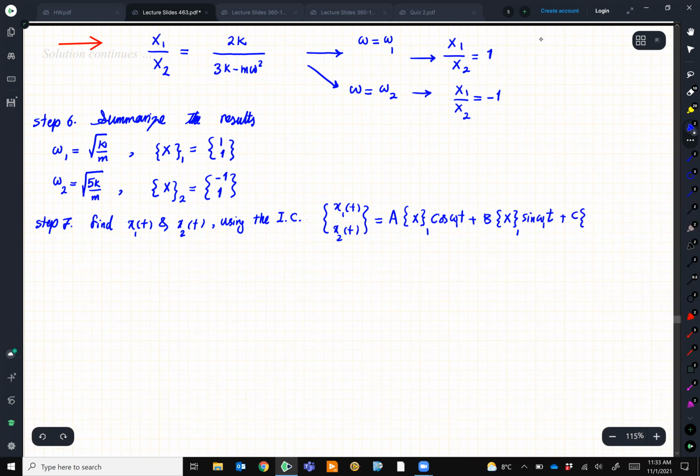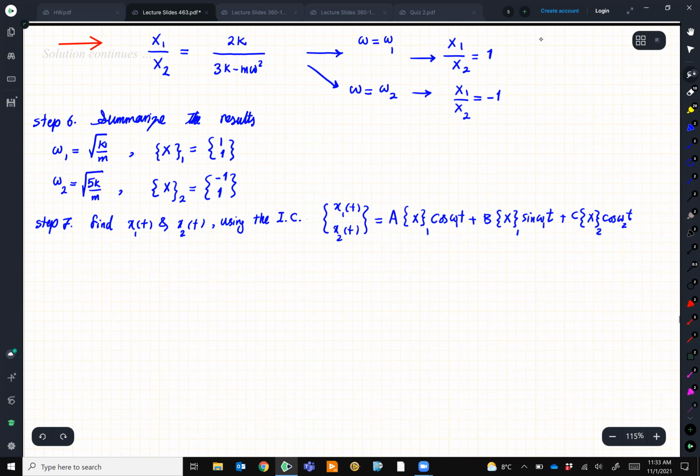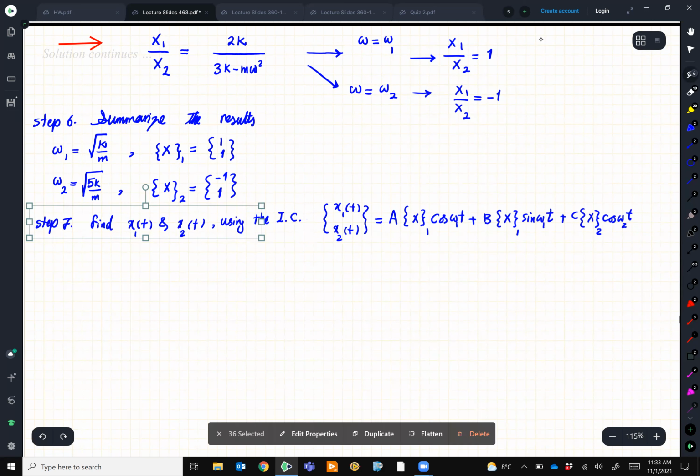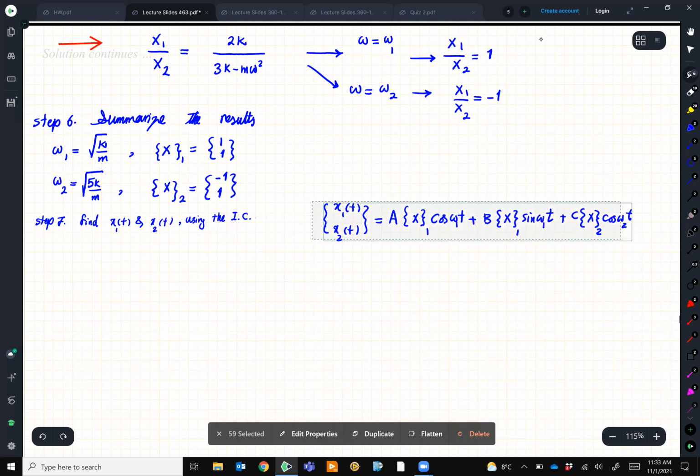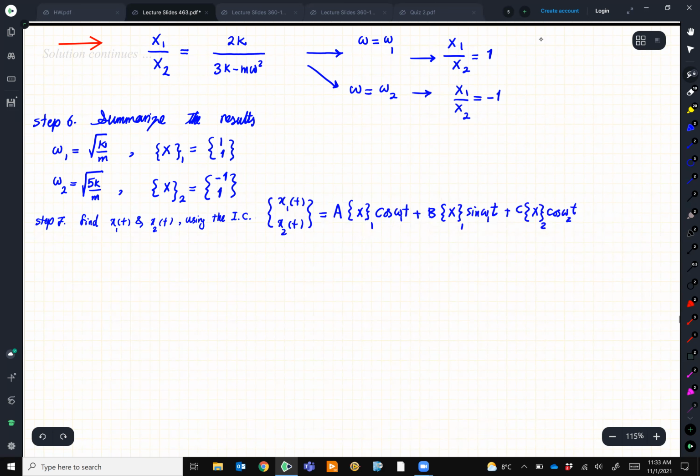So I have c this time, mode shape 2, cosine omega 2t, plus d, mode shape 2, sine omega 2t. All right. So let's substitute these things.